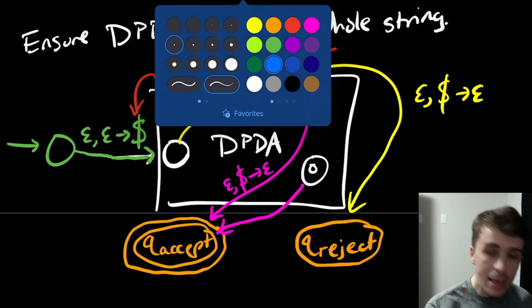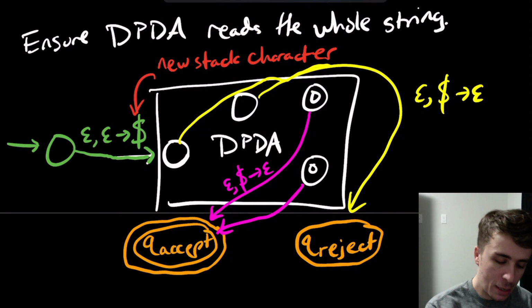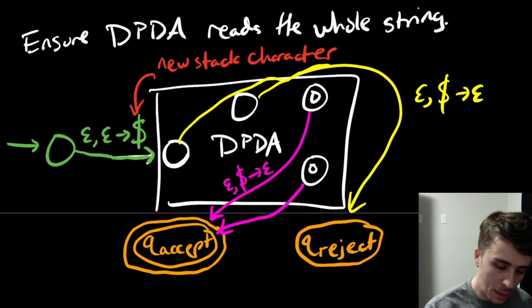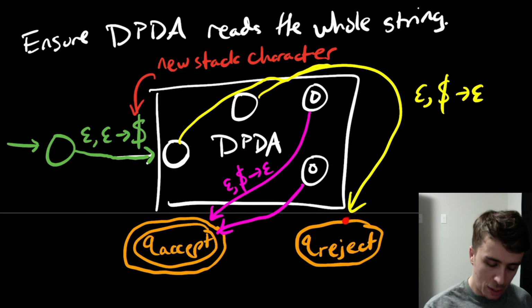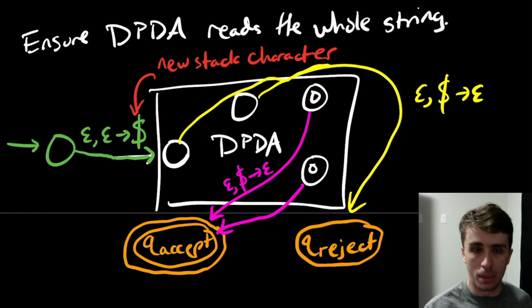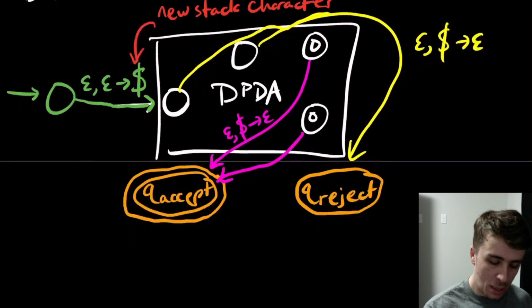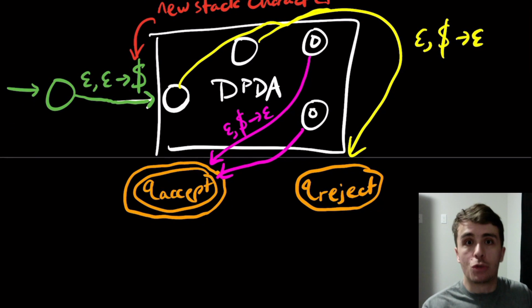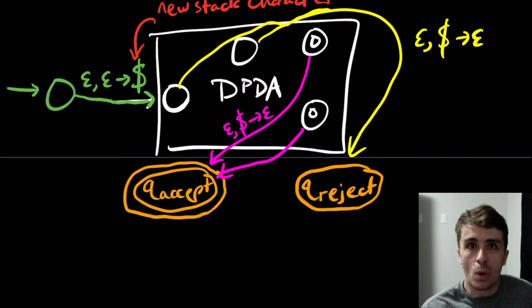Well, what about these two states down here? We have to ensure that the entire input's read. It might be the case that we come down here and we haven't actually read the whole input. So in the reject state, we might as well just read the whole thing because we'll never accept at that point anyway.